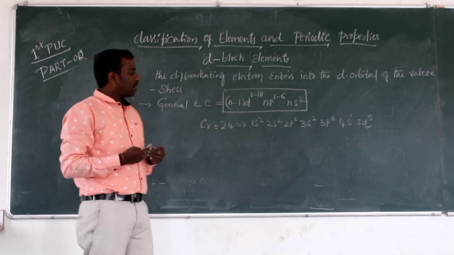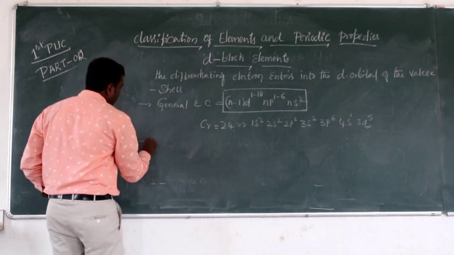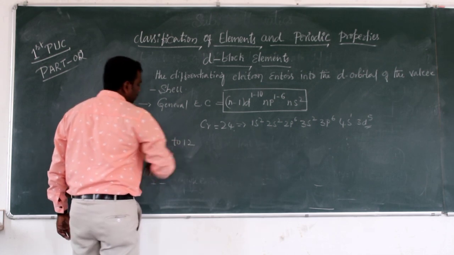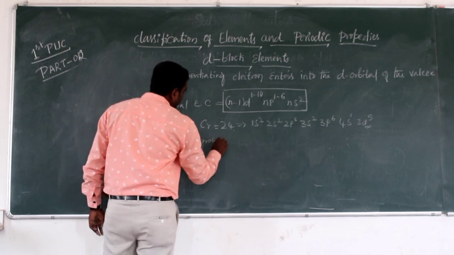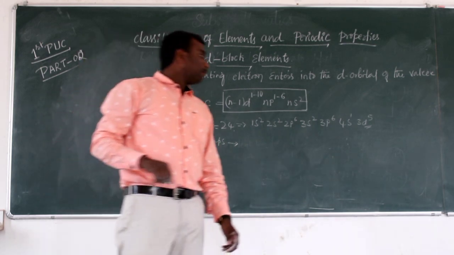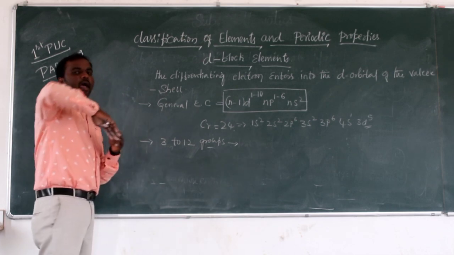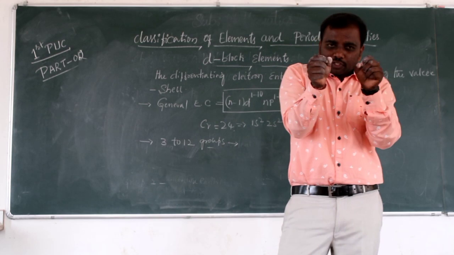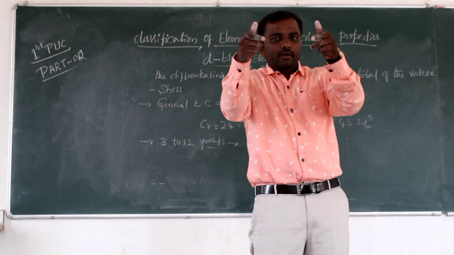For d block elements, groups 3 to 12 belong to this d block. These d block elements are called transition elements because they make the transition between group 2 and group 13.